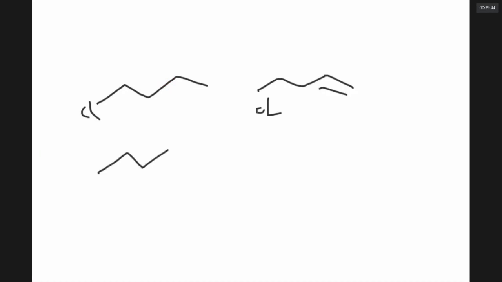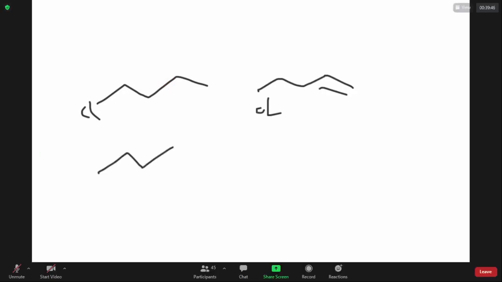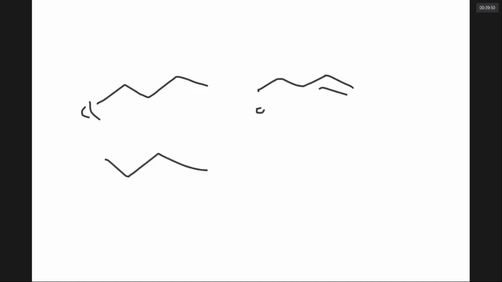Once again, I want to explain. This is Cl. This is Cl. And this is Cl. And this is Cl. The carbocation formed by it is like this.